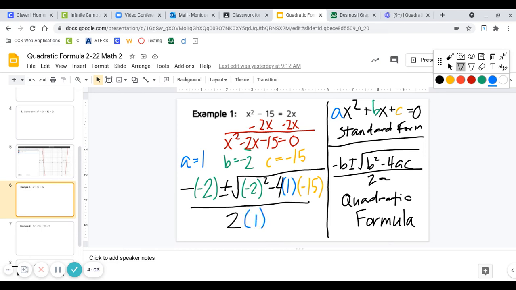So insert 1. It's very important to use all of those parentheses. That way you keep up with your negatives. In certain places, if you're not using parentheses, you will definitely get a different answer.